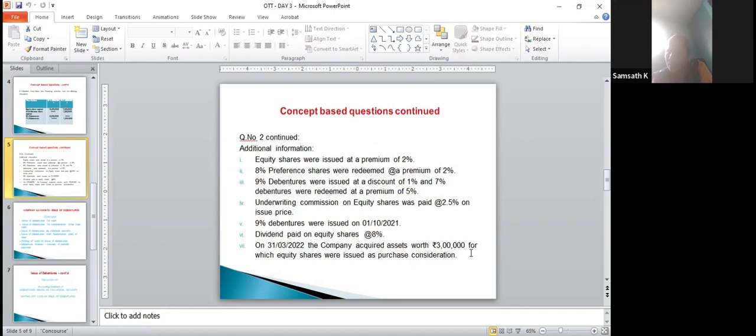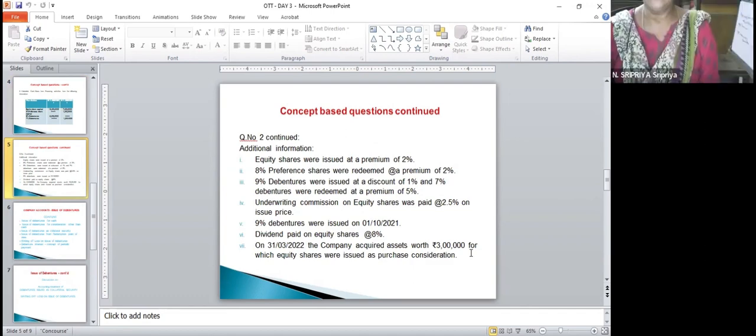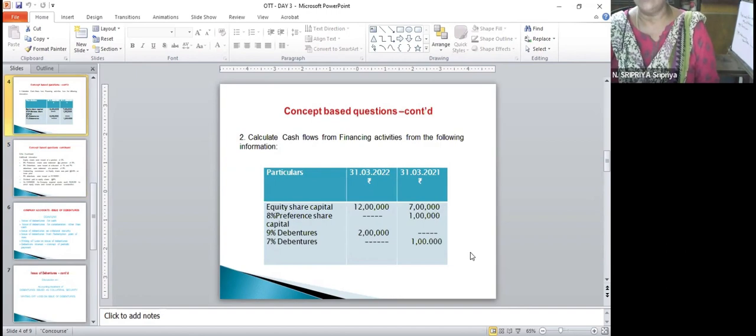Then the next information, 9% debentures were issued on 1/10/2021. Please remember, debenture interest is a statutory payment. It's a part of operating activity. It has to be paid even if no information is given. So that being the case, we should be careful to calculate interest.